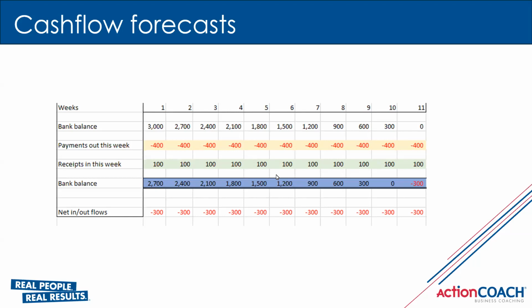This statement will show you how much you've got in the bank at each time. So we start with 3,000, we take off 400, we add back on 100, we get to 2,700. We start again with 2,700, we take off 400, add on 100, and we continue going through that. And as you can see, the £3,000 will last for 10 weeks.